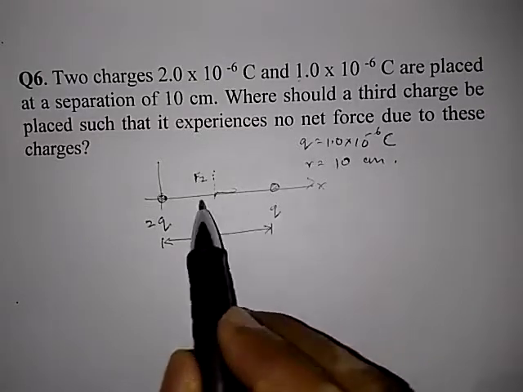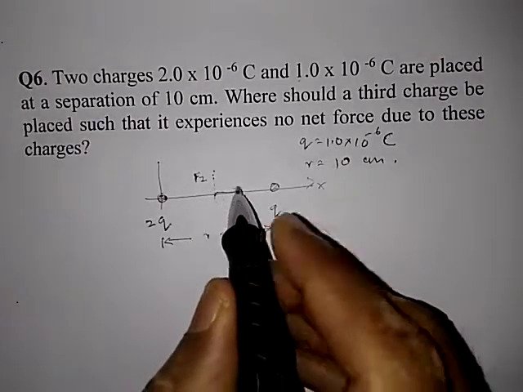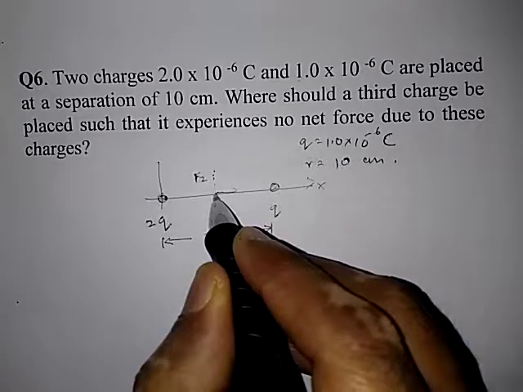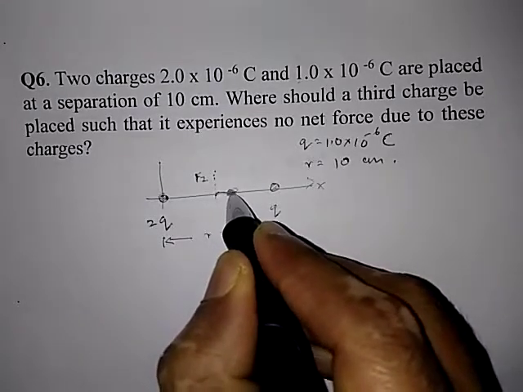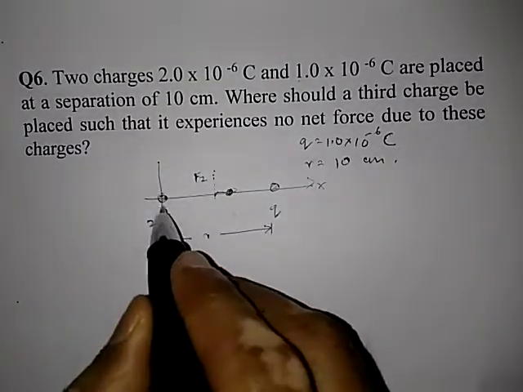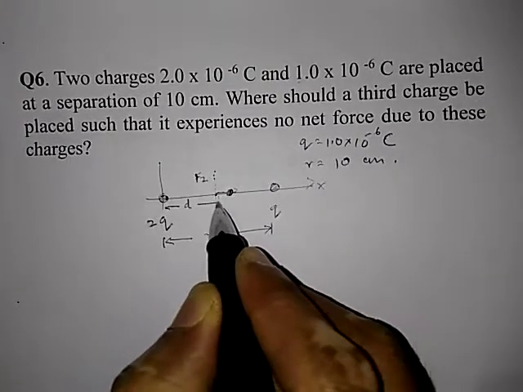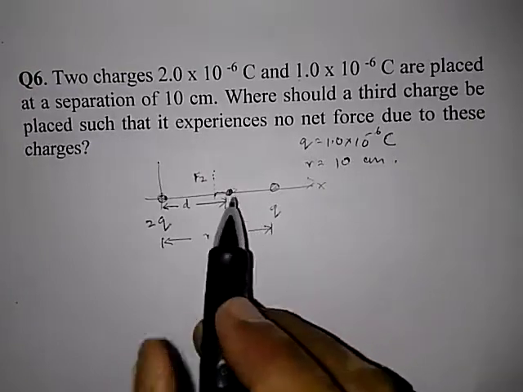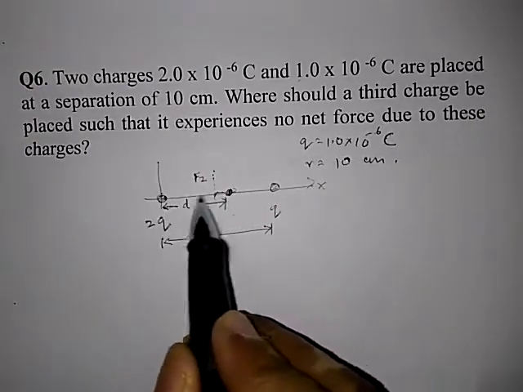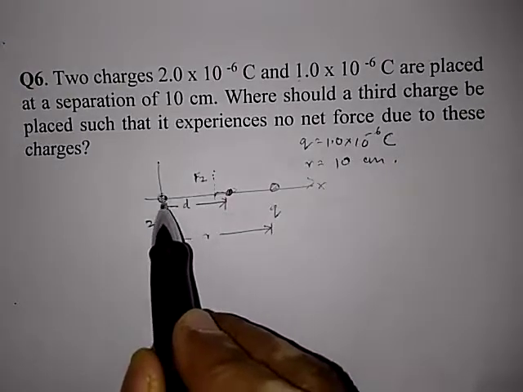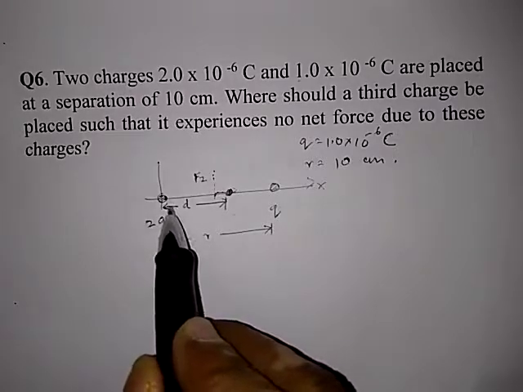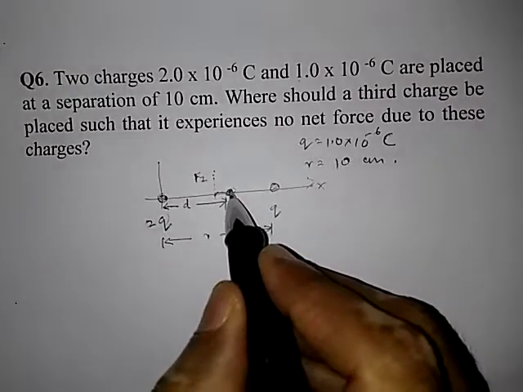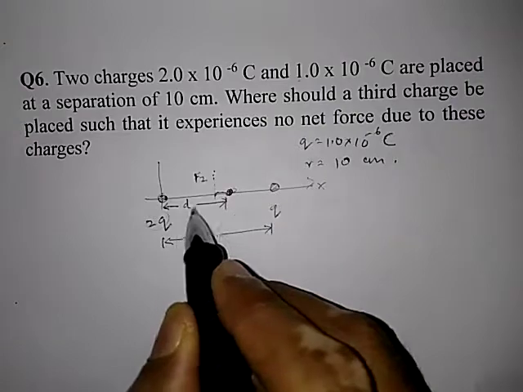So in order to balance out these forces, we would want to place this charge not in the center but somewhere to the right of it, and we don't know that distance. Let's call it distance d. Now the force will be higher due to this 2q charge, but because it's at a farther distance, it will be lowered by the distance.